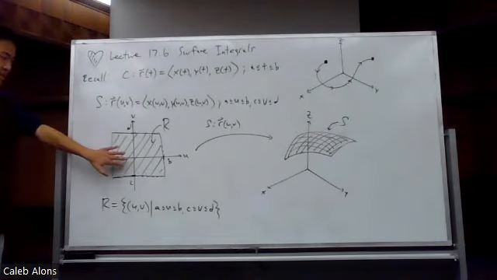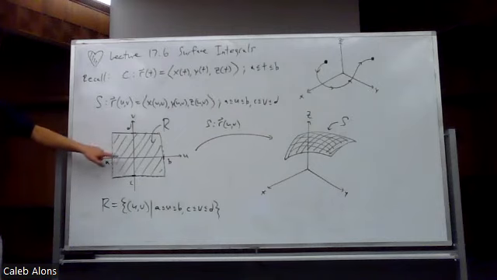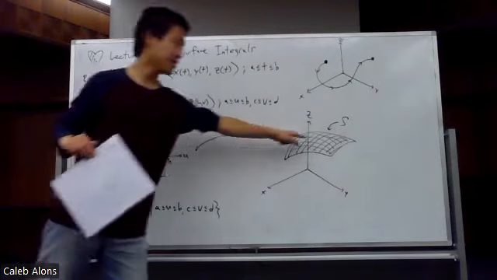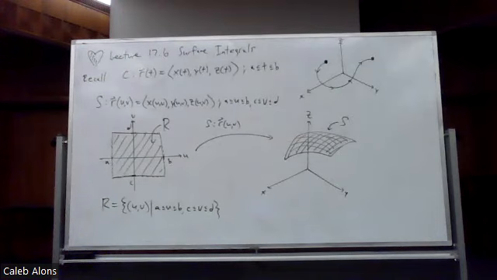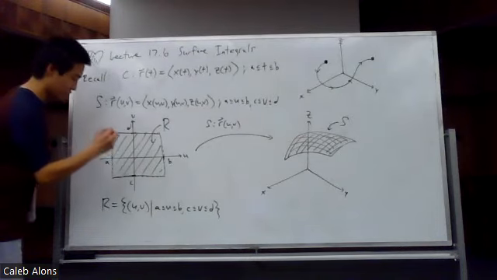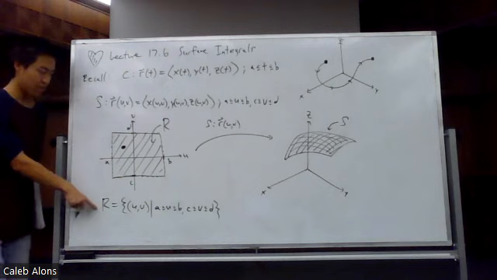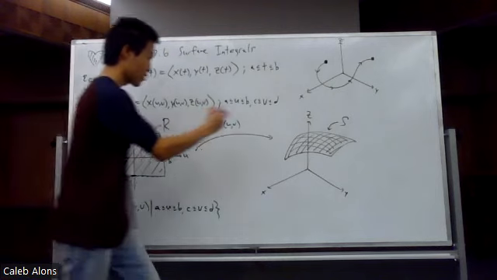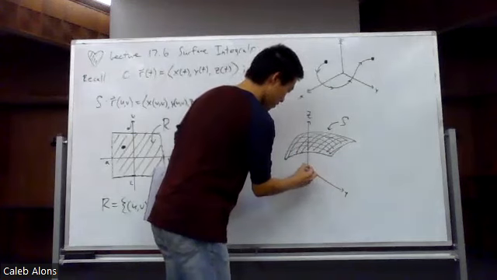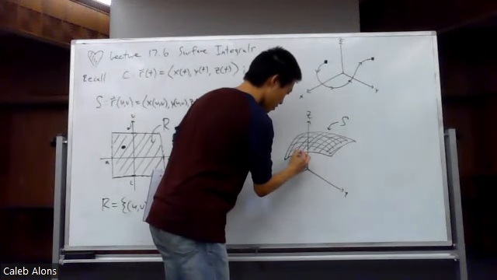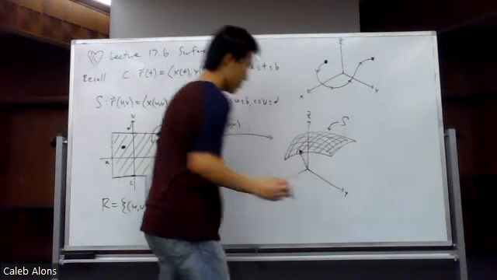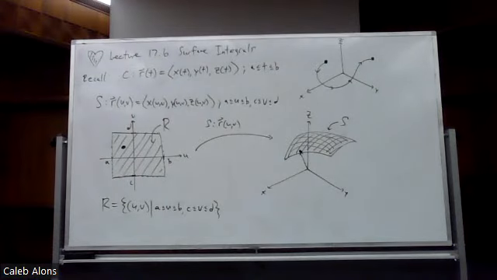So we take points in here in the parameters, and every single one of these points gets associated with some point on the parameterization. So for example, if I'm interested in this point right here in UV space, in other words, some point in R, it gets mapped over to its corresponding point on the surface.